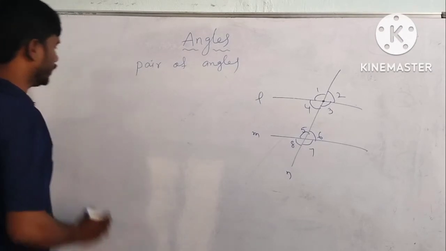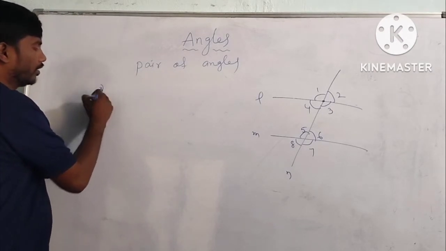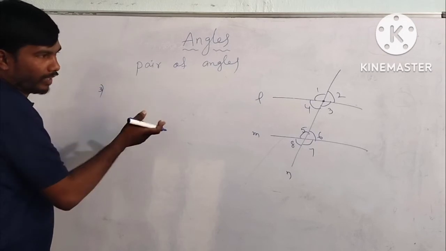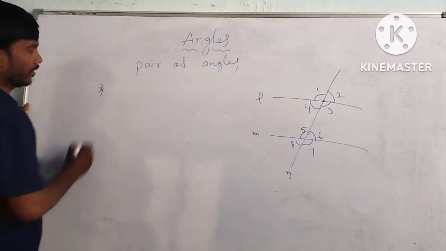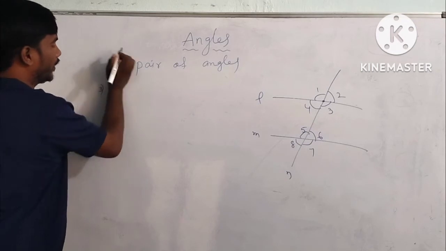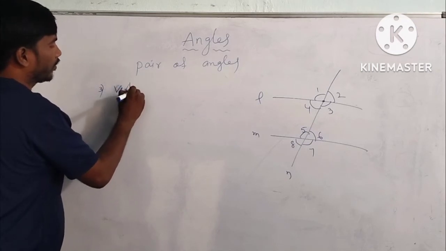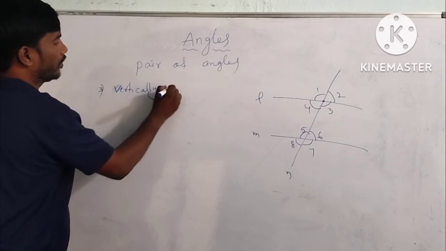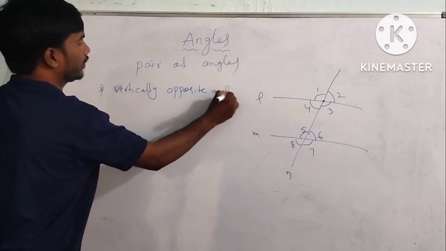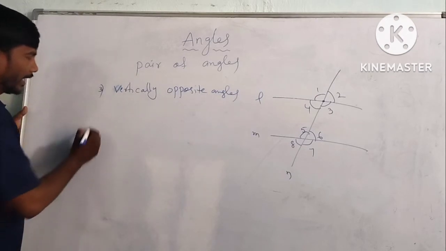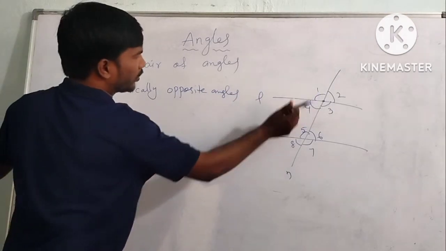Already two pairs of angles we discussed in the transversal system. The third one we are going to discuss is vertically opposite angles. Vertically opposite angles, so just simple opposite angles.